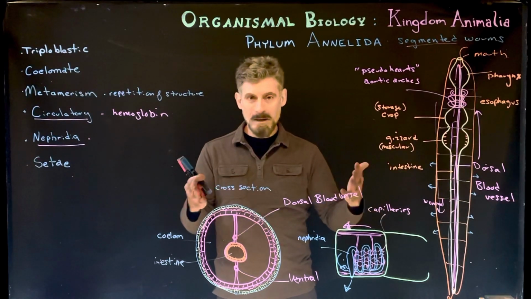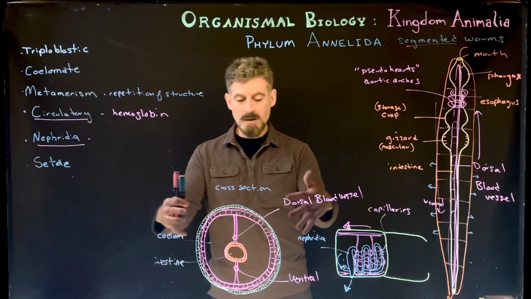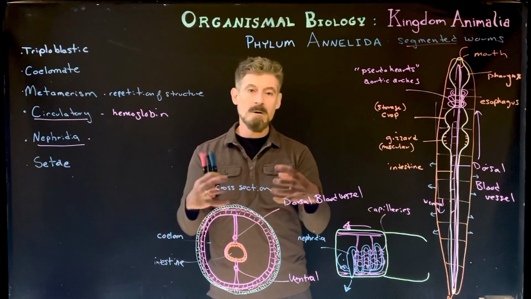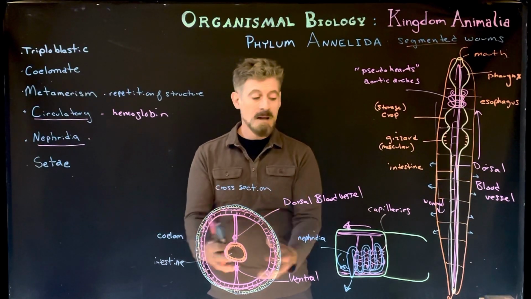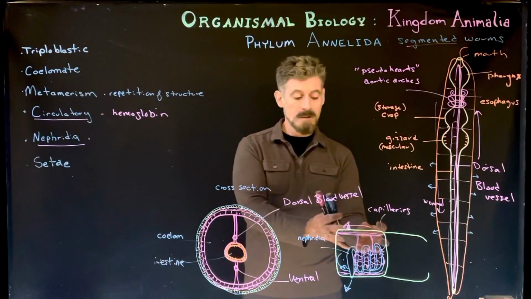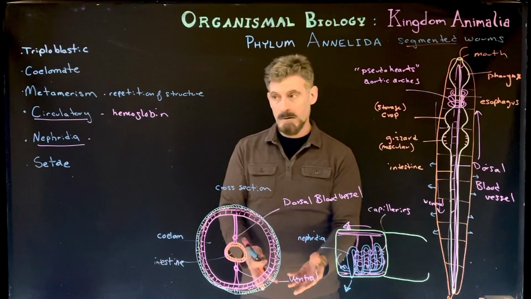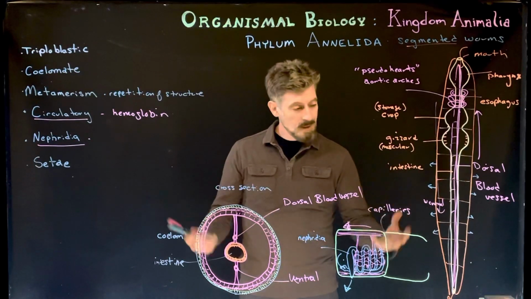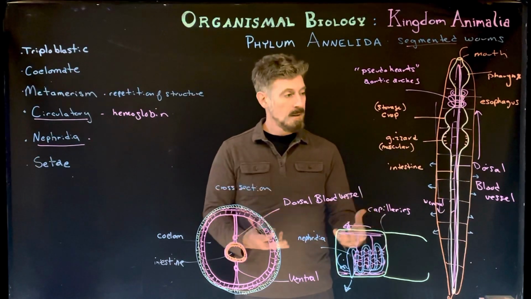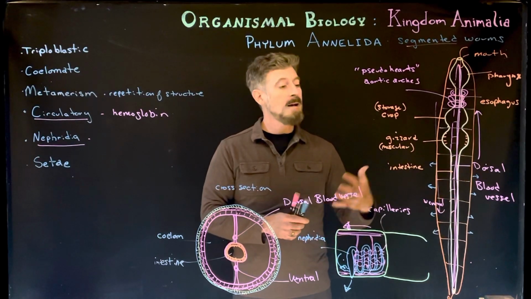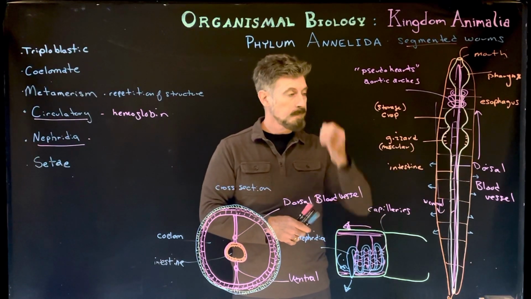Okay, so you have a combination going on there. There's a little bit of diffusion of the oxygen across the body wall, but then you have blood vessels picking up the oxygen and then transporting it. In addition, you have the blood vessels picking up wastes, taking it to the nephridia and then filtering waste out and carrying it out of the animal. So we start to build more organ systems as we get into this group.